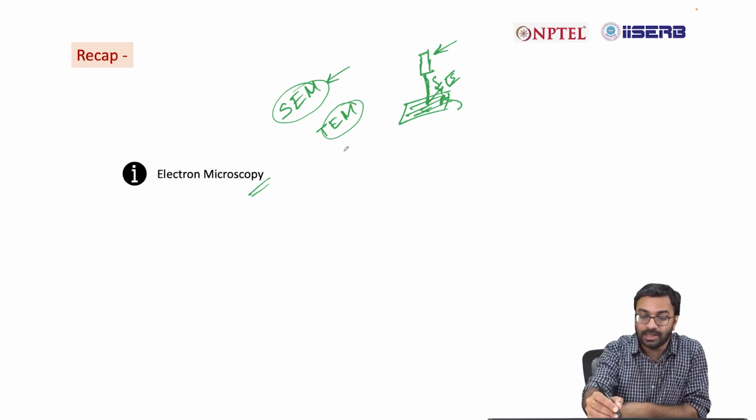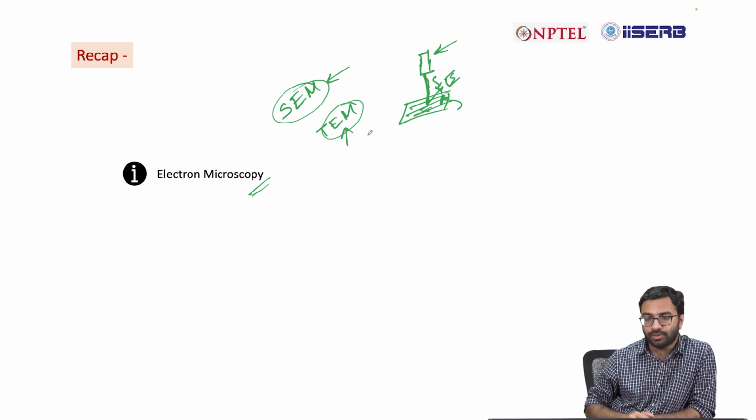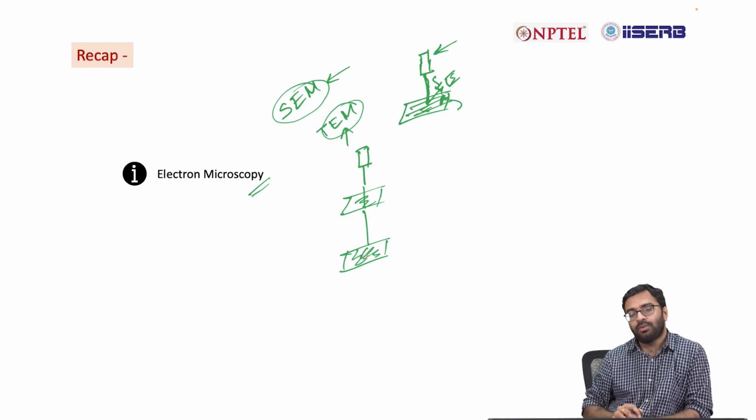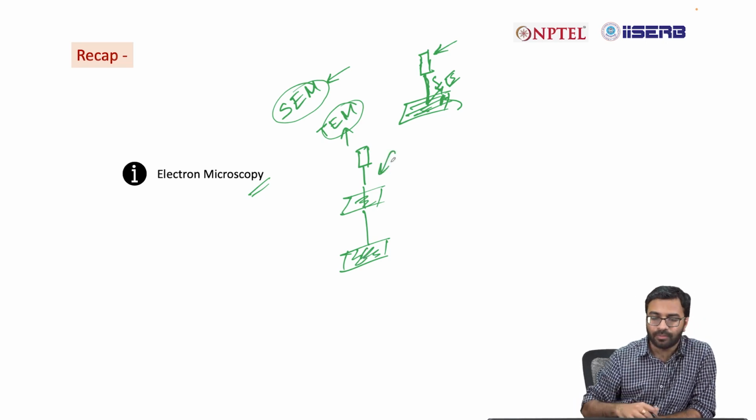However, in the case of TEM, transmission electron microscope, the energy associated with the electron beam is much higher. In this case, you have an electron gun and the beam goes through the material and forms a shadow on a fluorescent screen, and from that shadow we get an idea about the shape and size of a particular material.